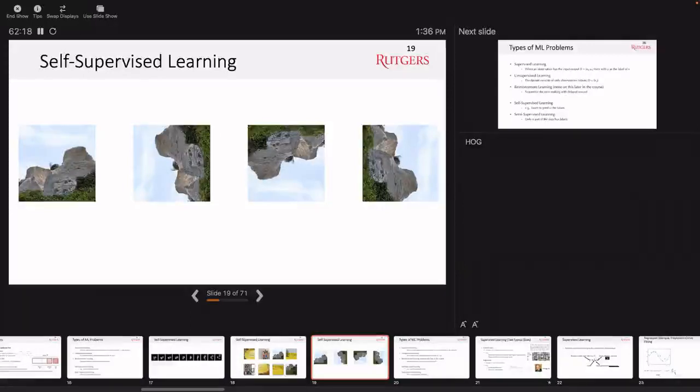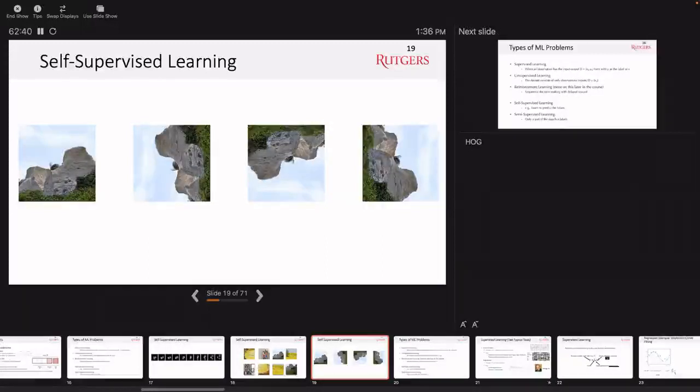People have developed different kinds of operations to create labels, so rotation is only one of them. You can smear the image or add some random noise into the image. These are also different kinds of augmentation to an image, and that also counts as self-supervised learning.